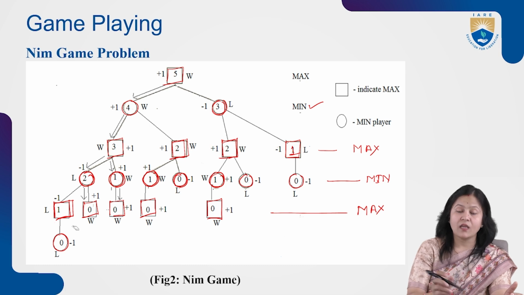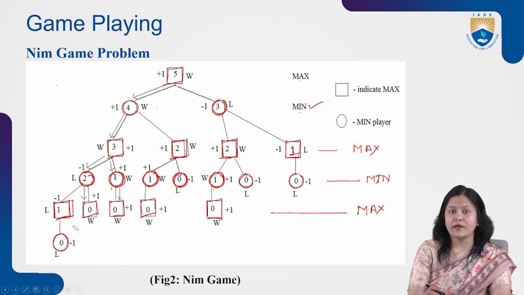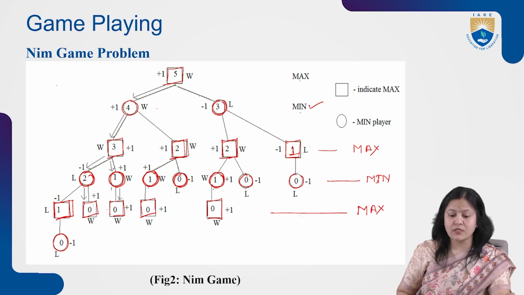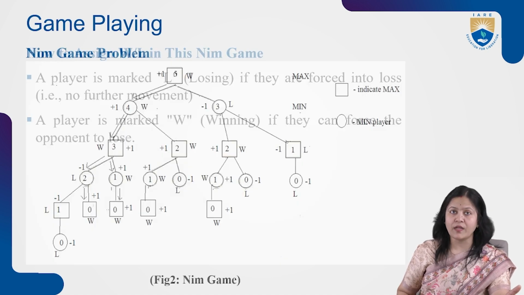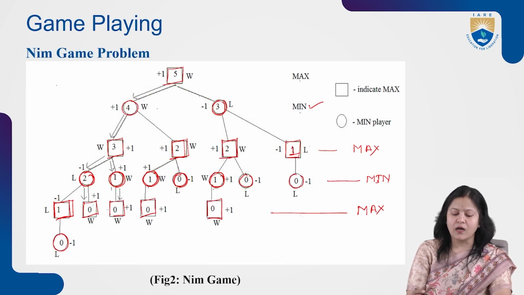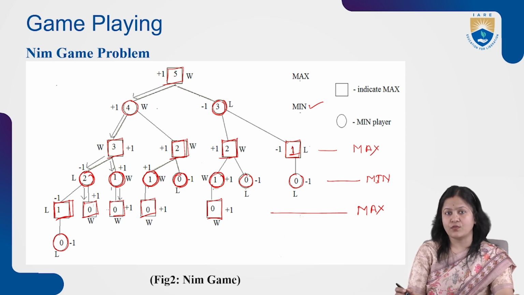Okay. Now, how we can assign the status of this, either L or W. So as per the strategy, as I told, a player is marked as L if they are forced into loss. I mean, no further movement. You can observe over here. First we will check for the leaf nodes. Okay.